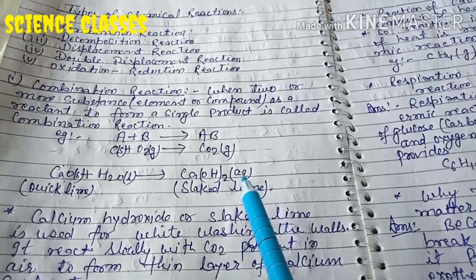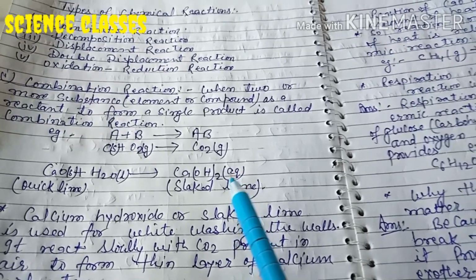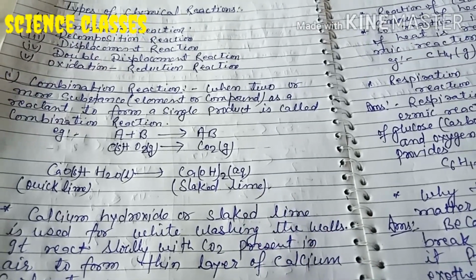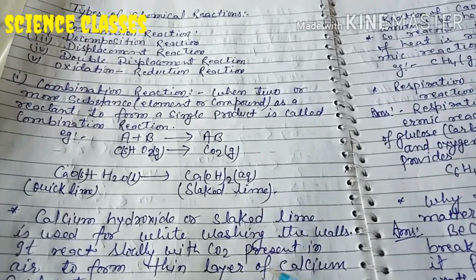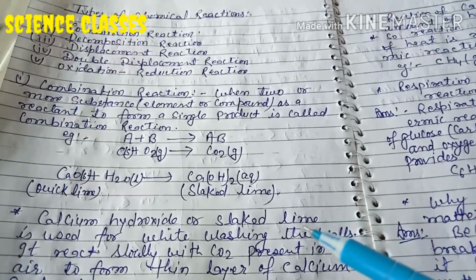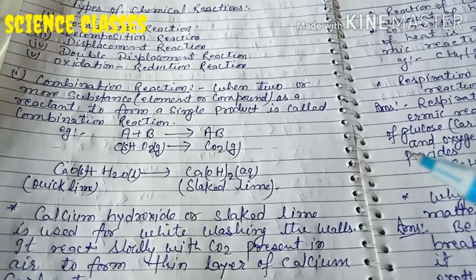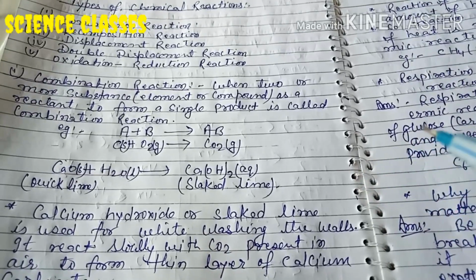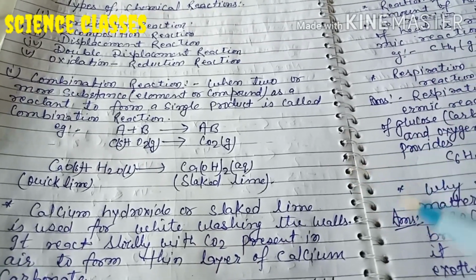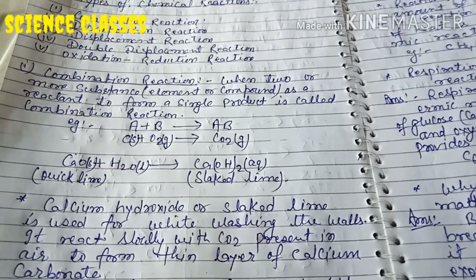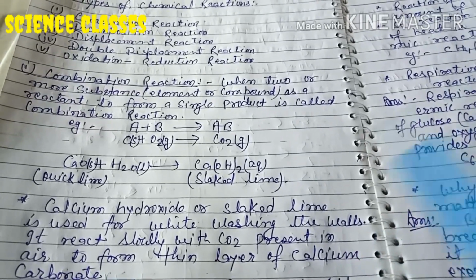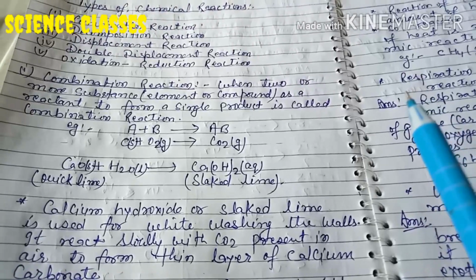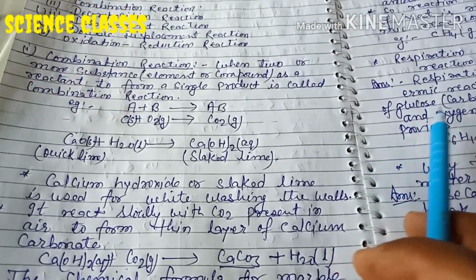But the difference is that it will not give you an immediately shiny surface on the wall. It will take 2 or 3 days to give the shiny surface, because it will react with carbon dioxide present in the air and form a thin layer of calcium carbonate, and calcium carbonate gives us a shiny surface on the walls.